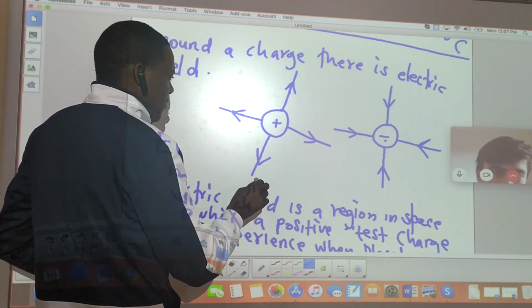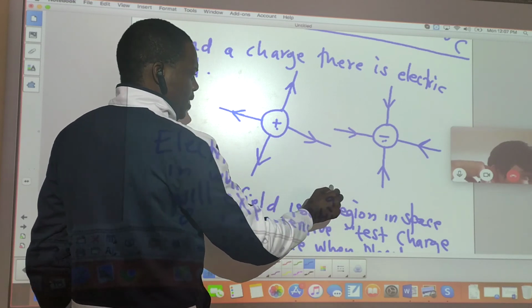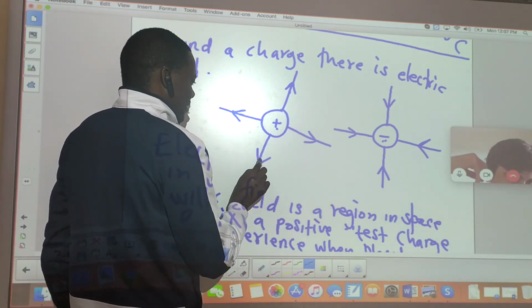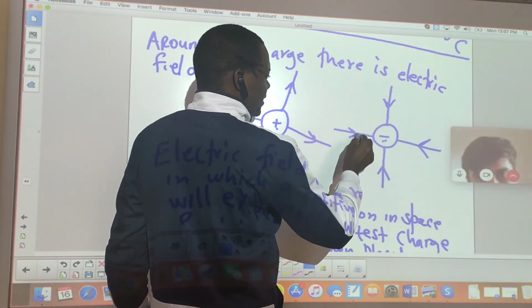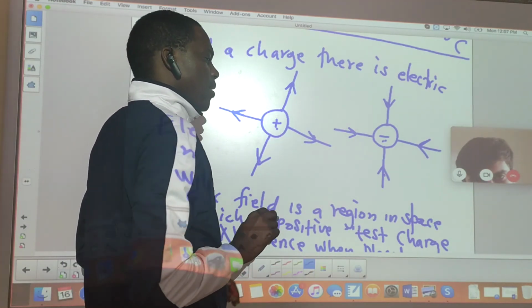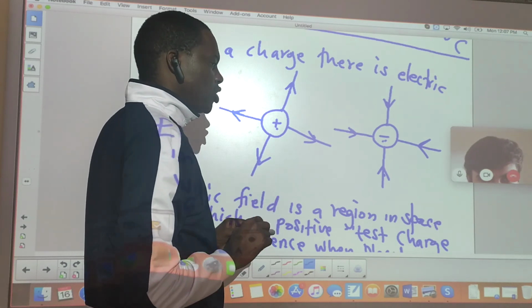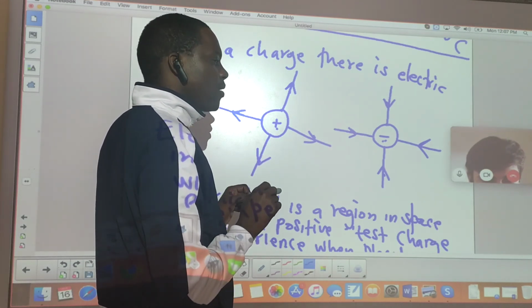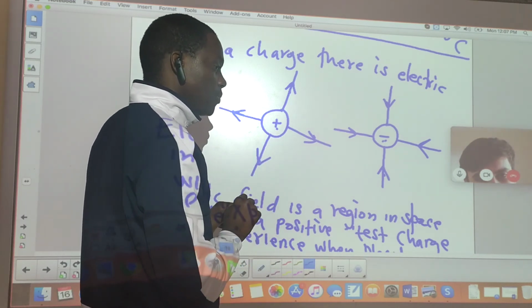All right then, if you look here, this is positive, this is negative. These lines, the directions, the arrows that you see, they're actually telling you the path of a positive charge if it is in the field of that charge.